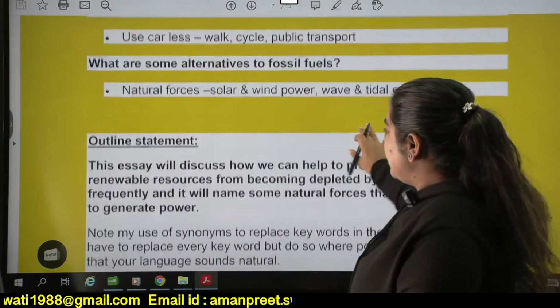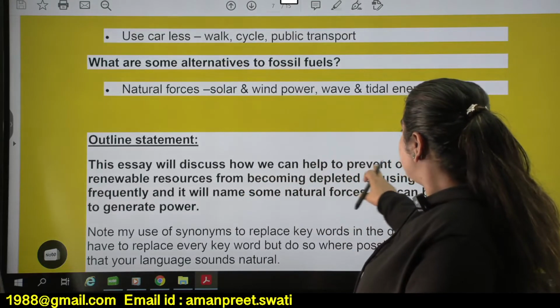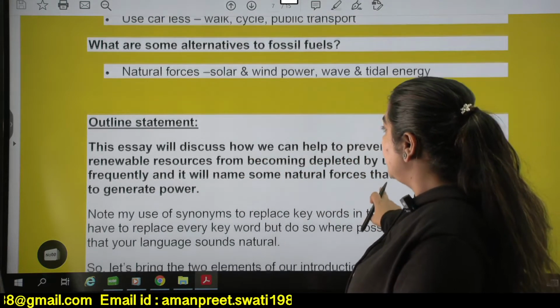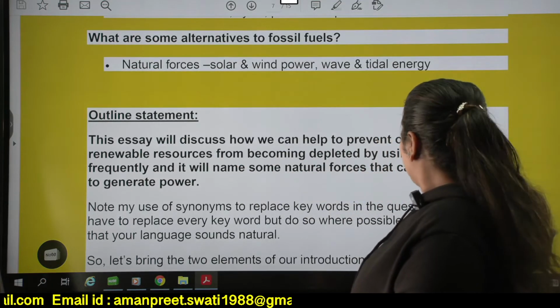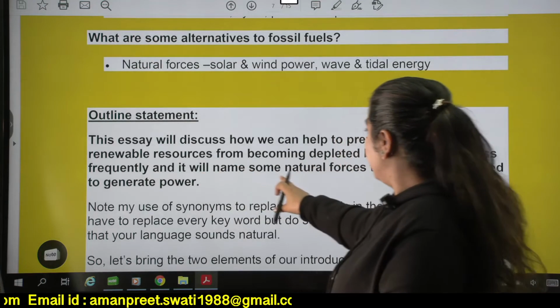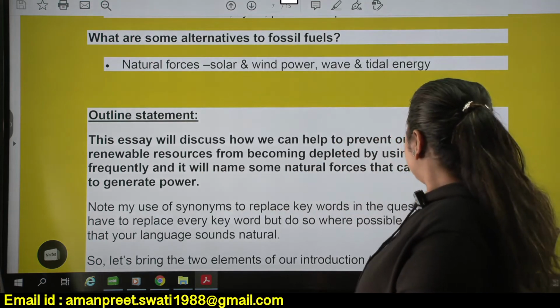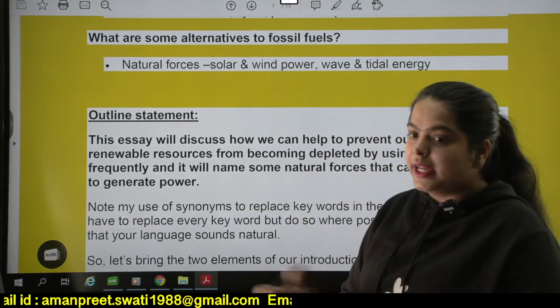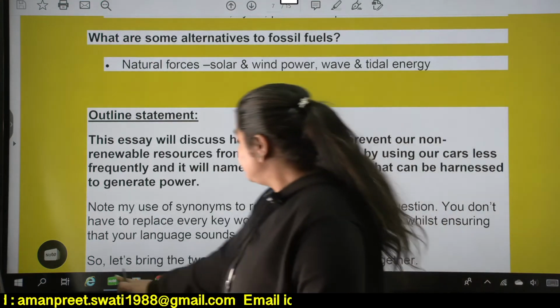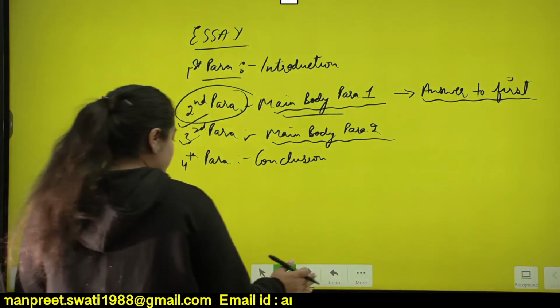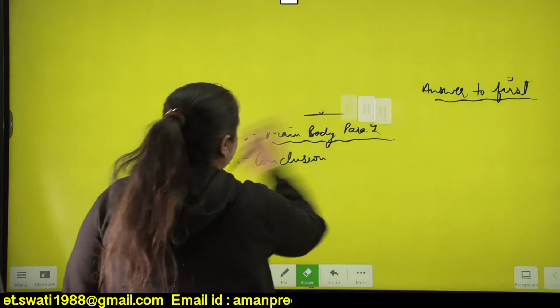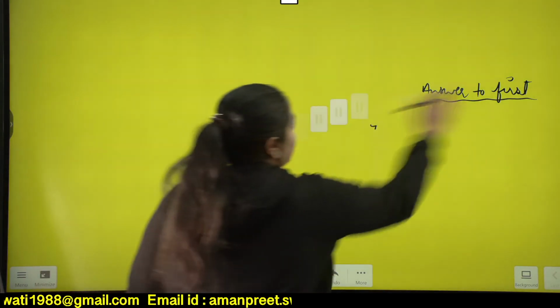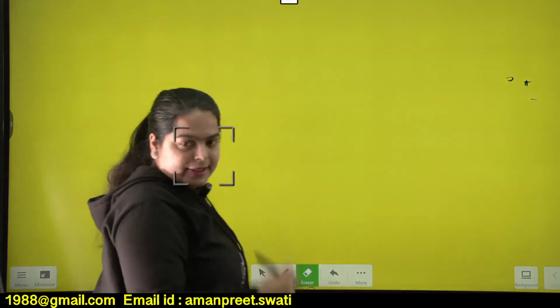So outline statement: this essay will discuss how we can help to prevent our non-renewable resources from becoming depleted by using our cars less frequently, and it will name some natural forces that can be harnessed to generate power. Again, different vocabulary. So how can you make your introduction clear with respect to the IELTS double question category? Let's discuss it, right?